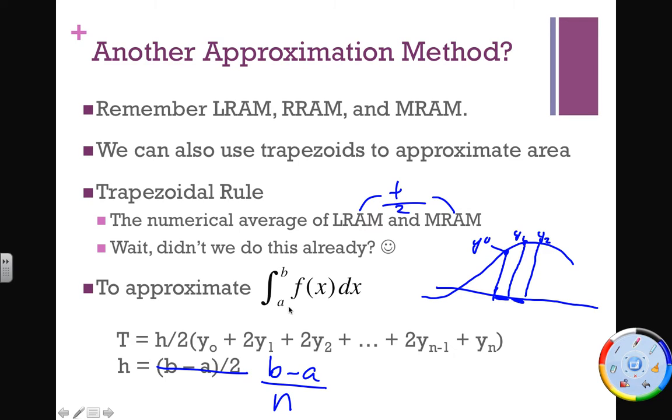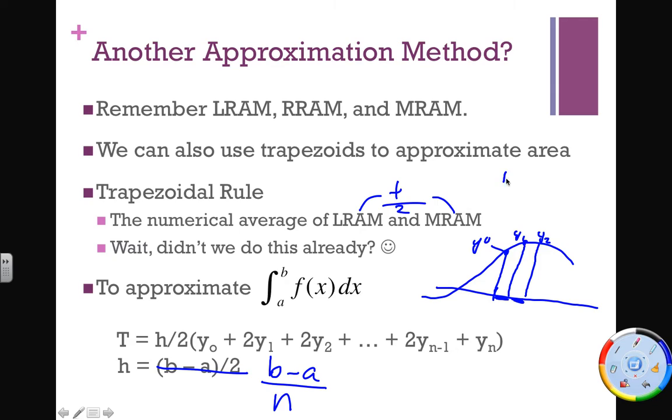Now, you may not be seeing why this particular equation comes out. h over 2 times this big long sum. Well, you can kind of think about the fact that we're summing a whole bunch of trapezoids, and the h over 2 kind of makes sense because there's an h over 2 in the trapezoid area problem, right?